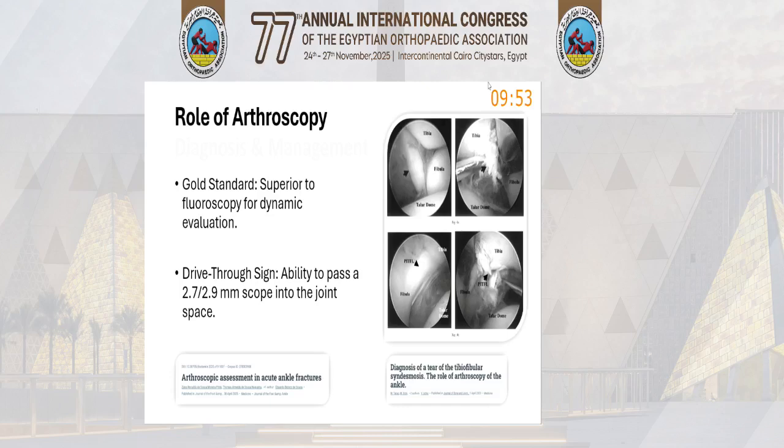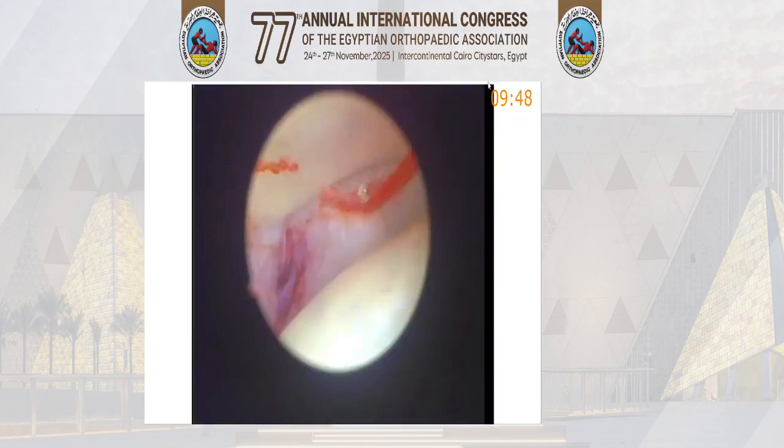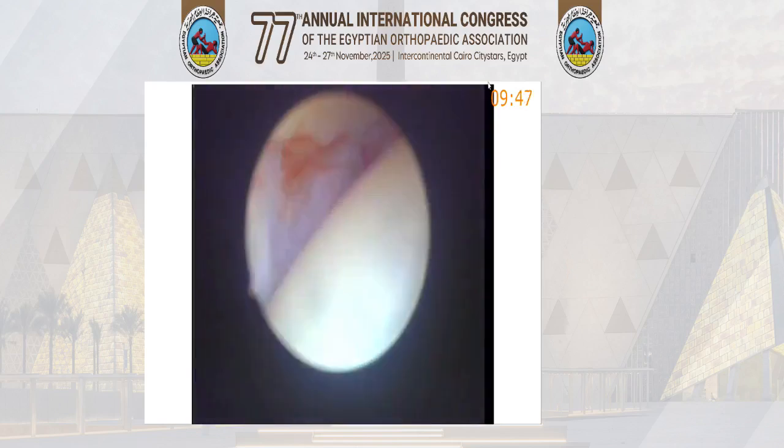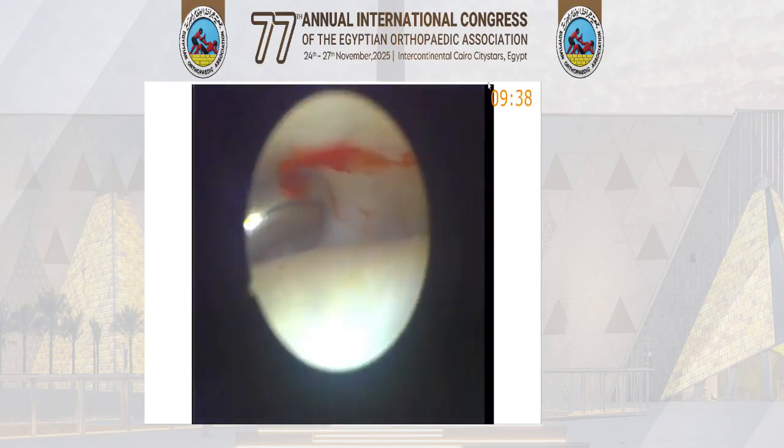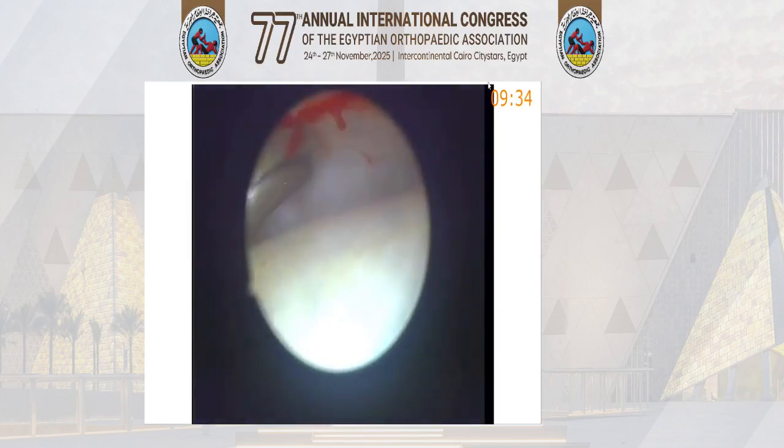If it goes inside the syndesmosis, then this is pathologic. It's easy to do. This is the talus, this is the tibial plafond, this is the lateral malleolus, and here the syndesmosis, where you can use the probe. I don't know if you can see it clearly or not.